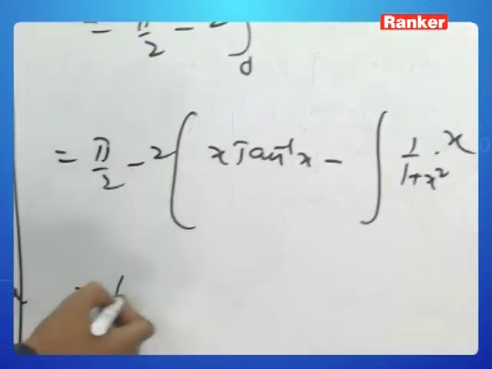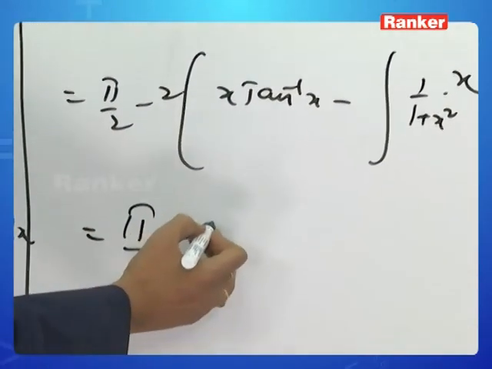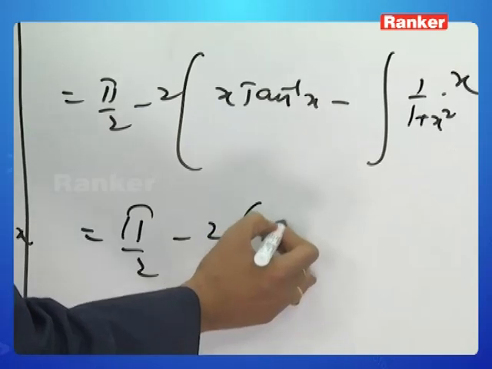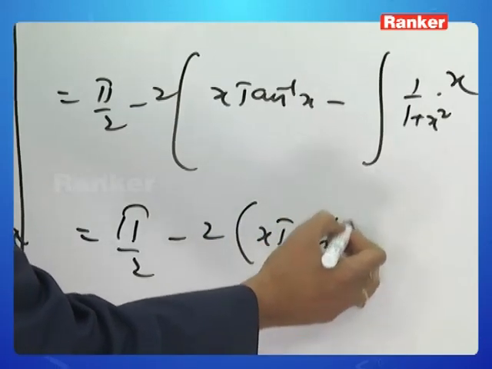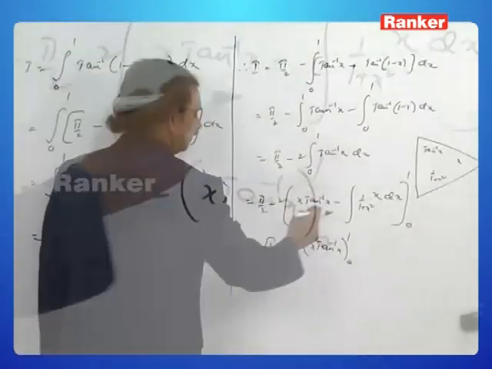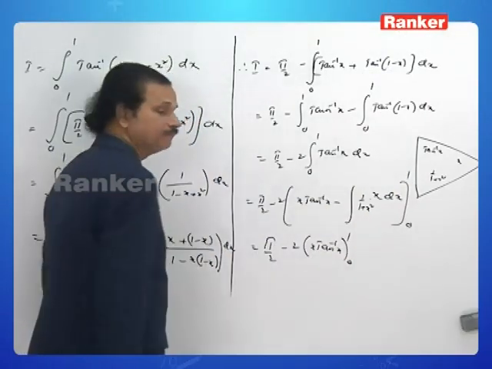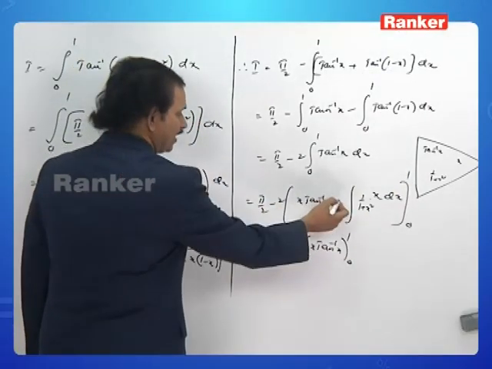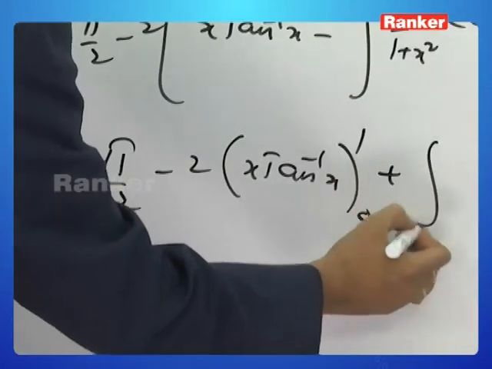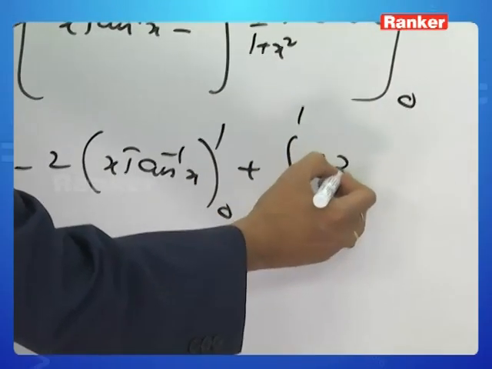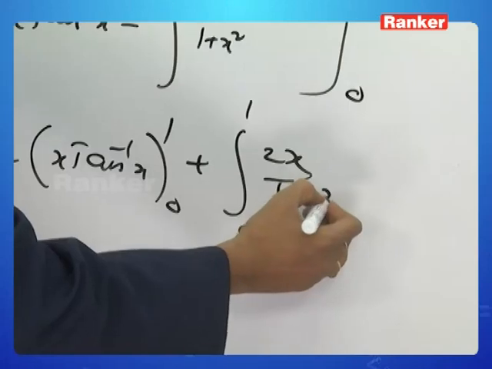This is equal to pi by 2 minus 2 into x tan inverse x between the limits 0 to 1. I am substituting the limits here and here. Minus 2 into minus plus integral 0 to 1 2x by 1 plus x square dx.